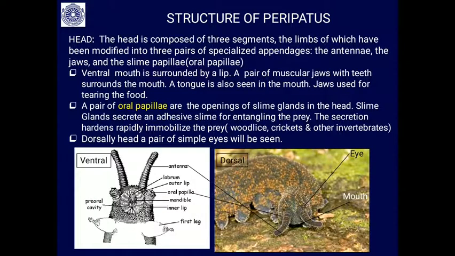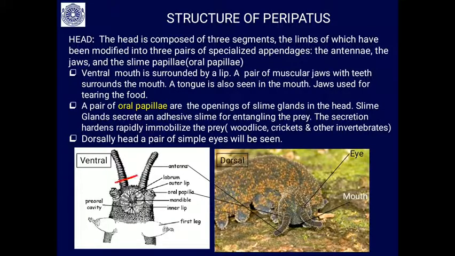How is the head? The head is composed of three segments, and each segment bears a pair of appendages, as a typical arthropod character. In the case of prawn, you have studied that the anterior appendages are modified into antenna and antennule.